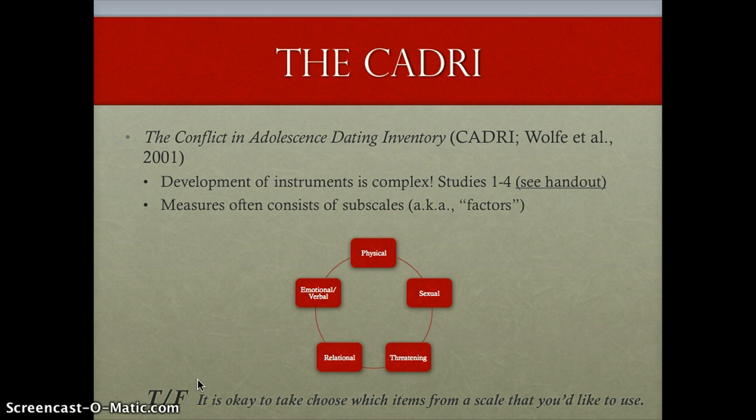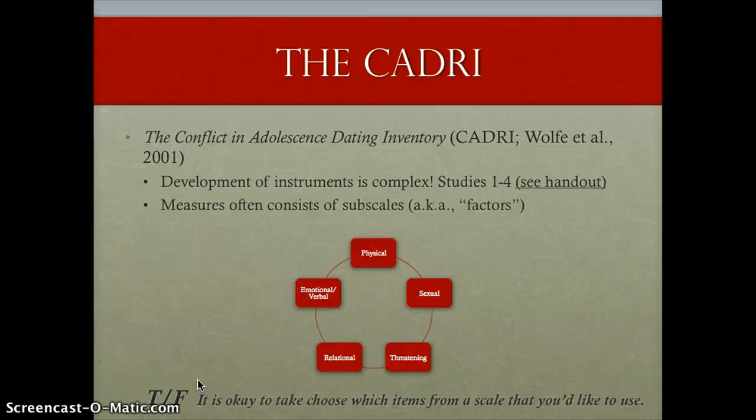As I showed you in that picture of the umbrella, there is often one construct and there are multiple subconstructs within that construct. Sometimes that's the case, sometimes it's not. For example, I study relationships, and as part of relationships there will sometimes be a relationship quality index, and that will consist of satisfaction, commitment, and intimacy.